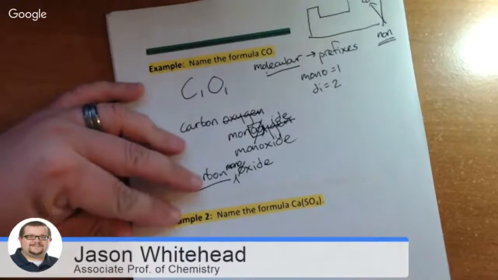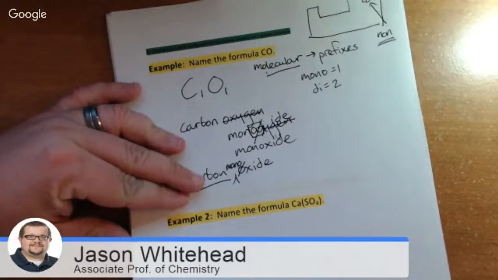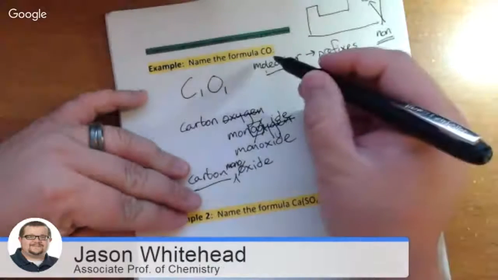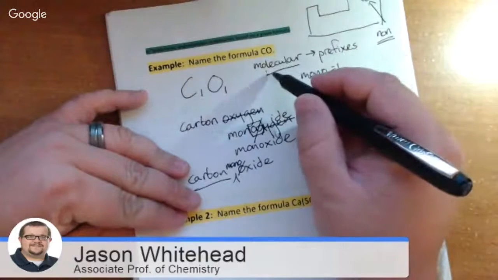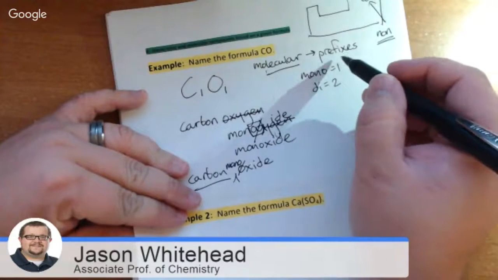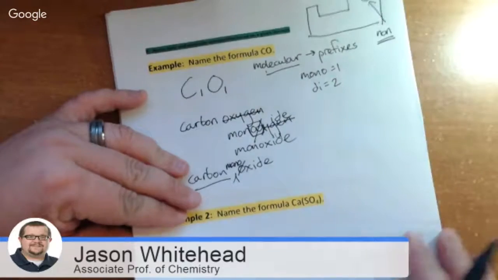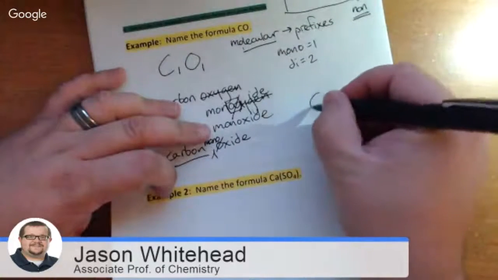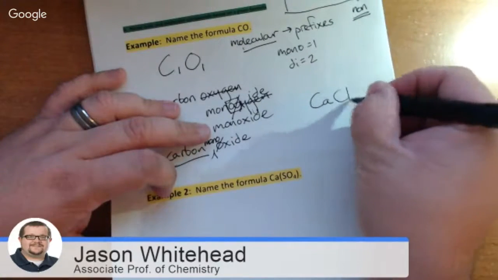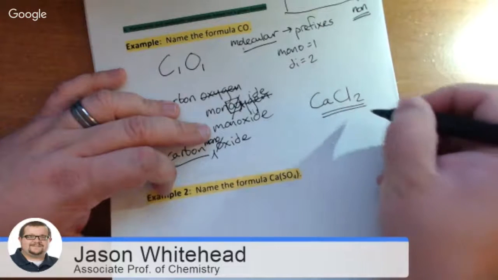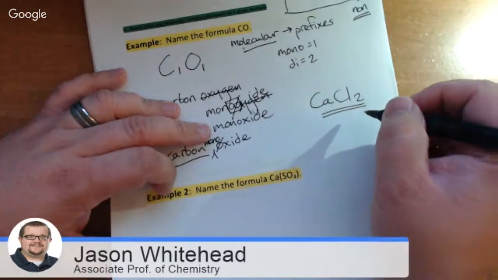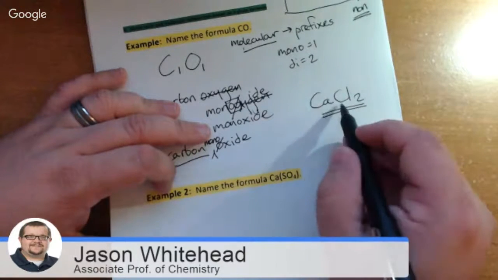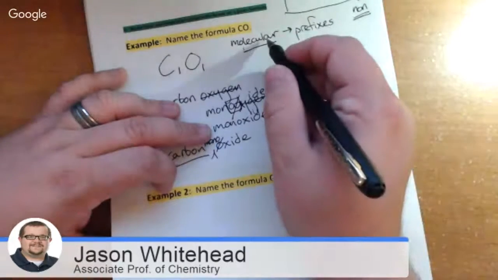Now there is a subtle but important difference here. When I'm naming CO, I had a molecular compound, I had to use prefixes. If I was naming something like this, and I've been known to throw this on an exam before, CaCl2 is not molecular.